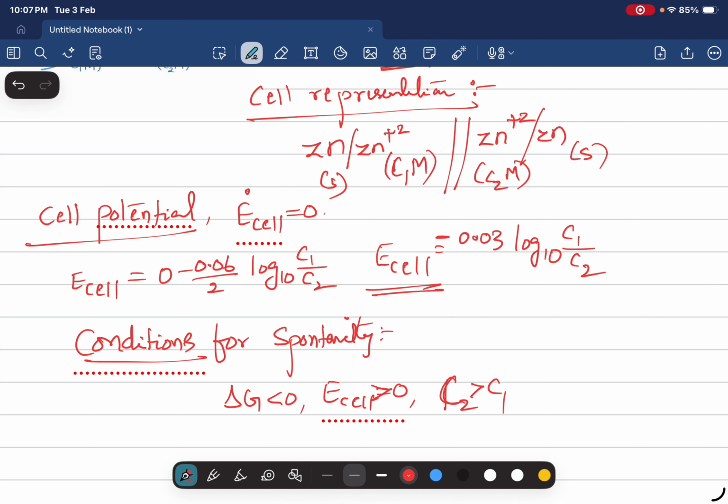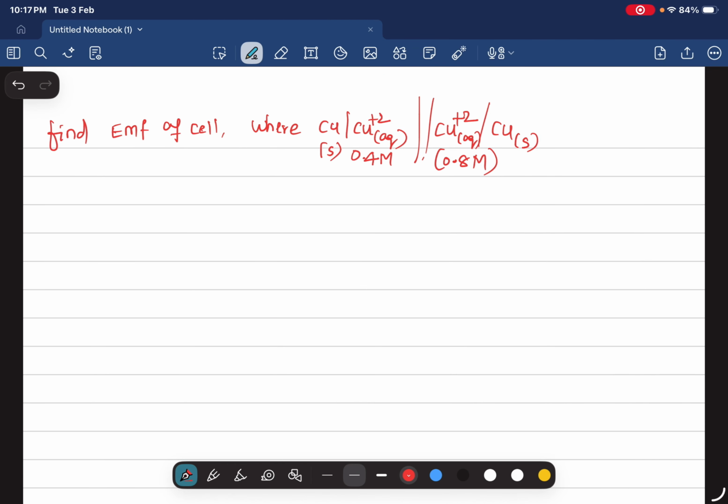E cell equals minus 0.03 log base 10 C1 by C2. If you write the reverse, plus 0.03 log base 10 C2 by C1, so C2 should be greater so that E cell will be more positive, and that is the condition for spontaneity. Just note this.